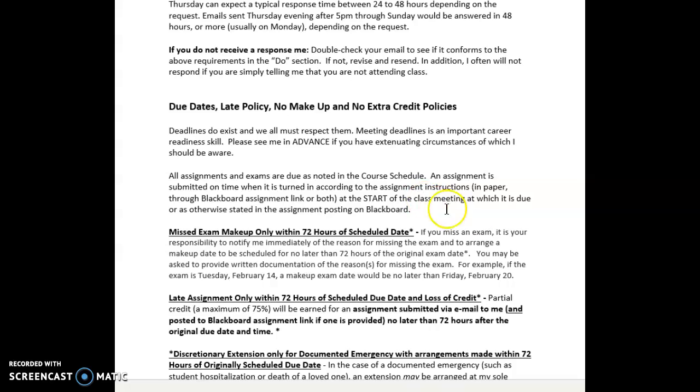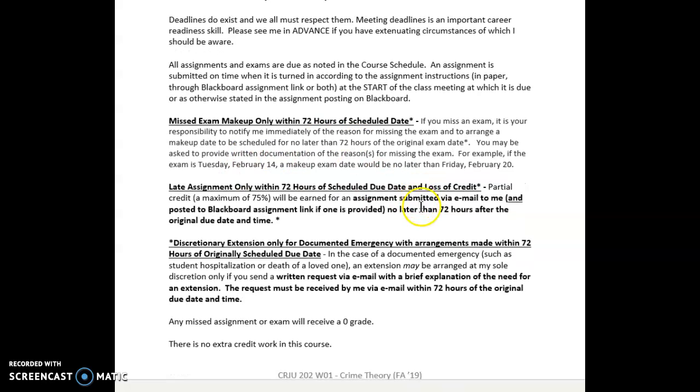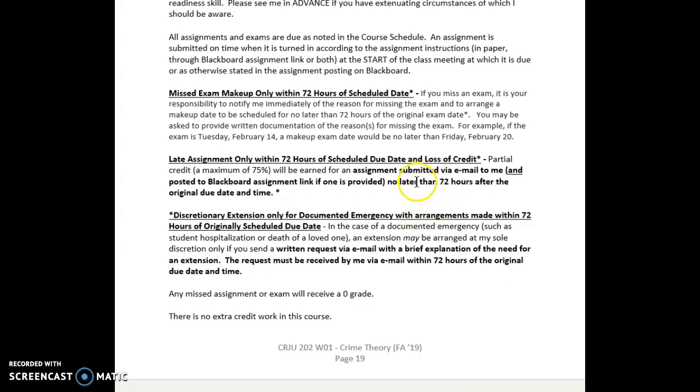Due dates, late policies, no makeups. Deadlines matter. That's part of career readiness, skill building, and professional development. There are very limited circumstances under which work will be accepted late, and that's only within 72 hours, absent an extension that's granted for extraordinary circumstances.